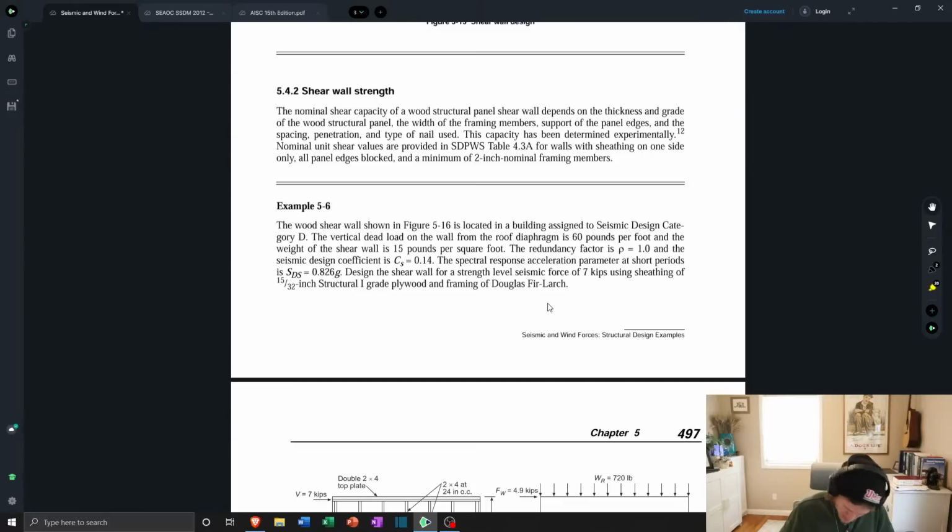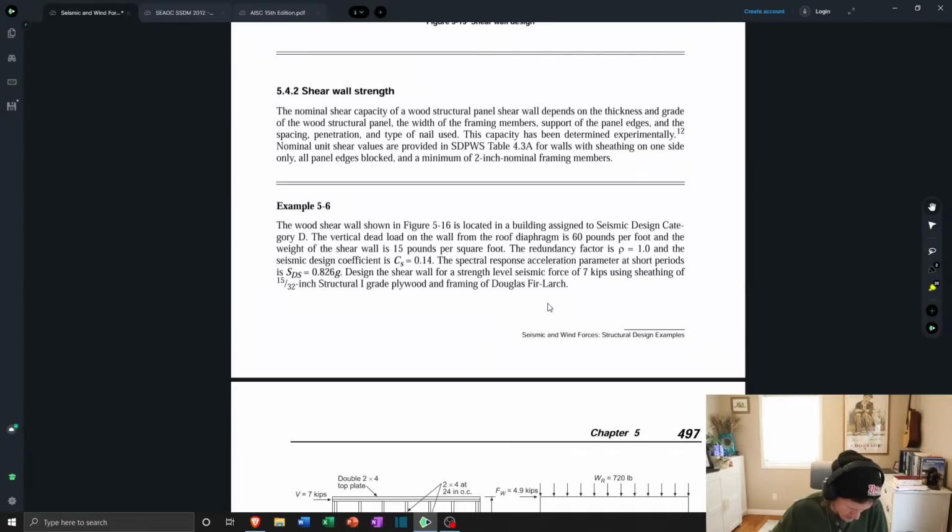I'm getting 4 inches on center for edge nailing. That gives us a Vn equals 1020 PLF, and then divide by omega, which is 2.0 for ASD.